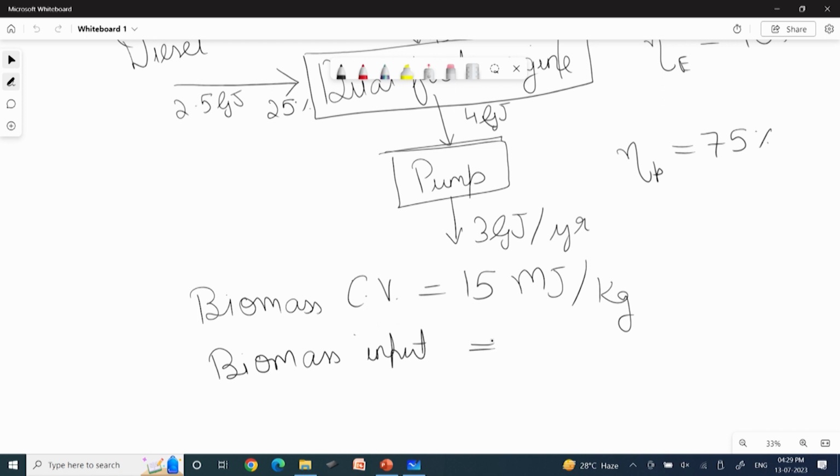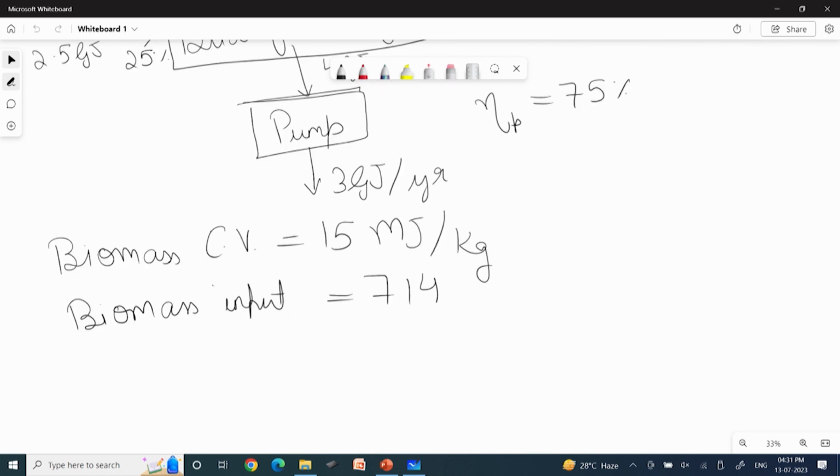Based upon this, the biomass input that would be required would be around 714 kgs per year.